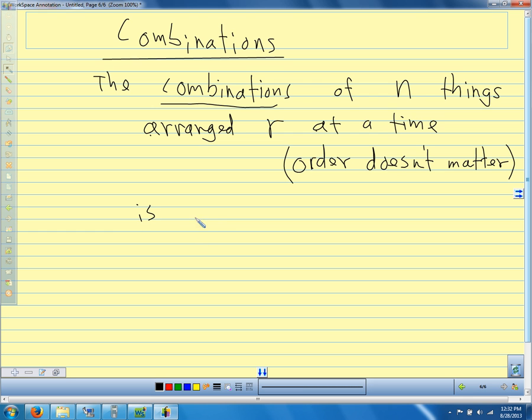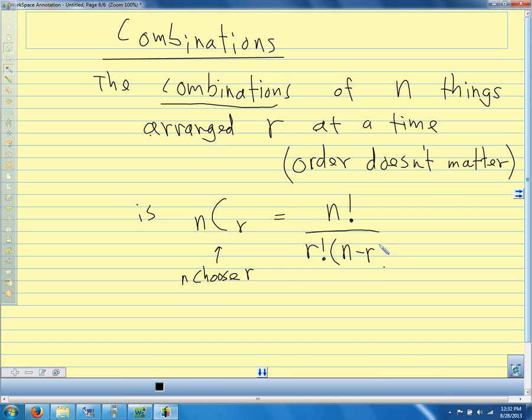And the way we write that is nCr, C for combinations. And you'll also hear this pronounced n choose R. Kind of similar, n factorial over R factorial times n minus R factorial.